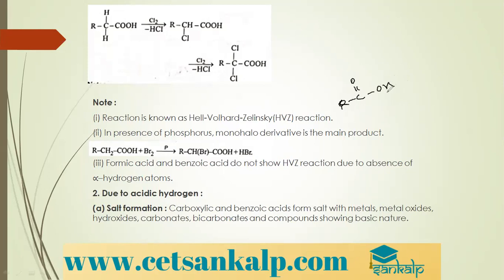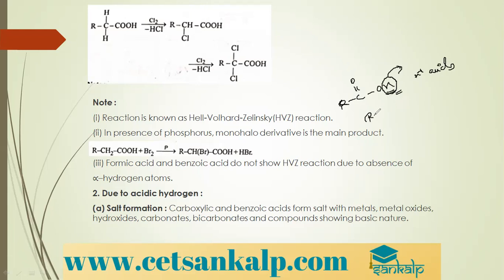This is the general form, and this is the acidic hydrogen. Because oxygen is more electronegative, it pulls the electrons towards itself. Therefore, we can abstract this hydrogen very easily. And those which give out H+ very easily are said to be acids, right? Therefore, I call it acidic hydrogen, replaceable hydrogen.